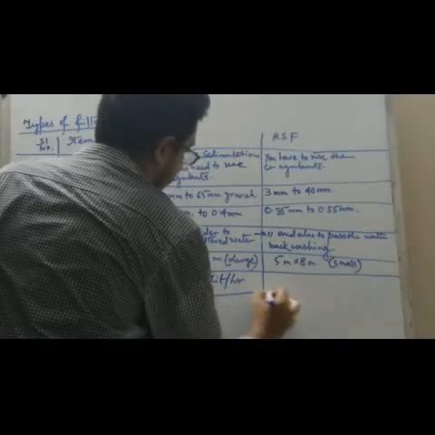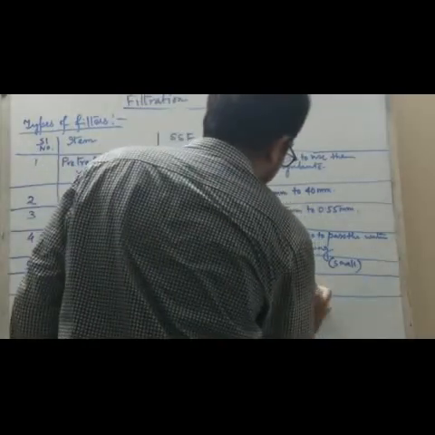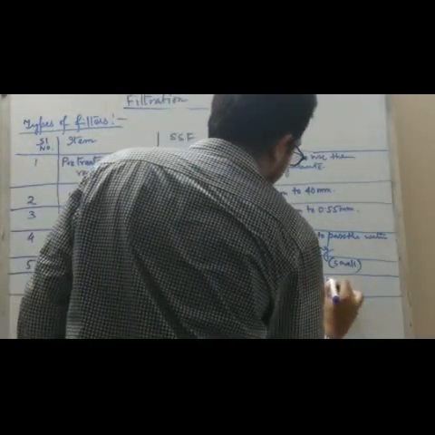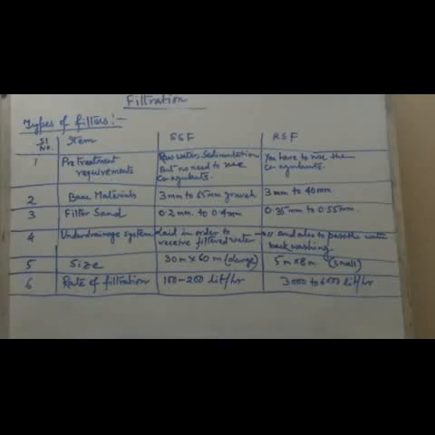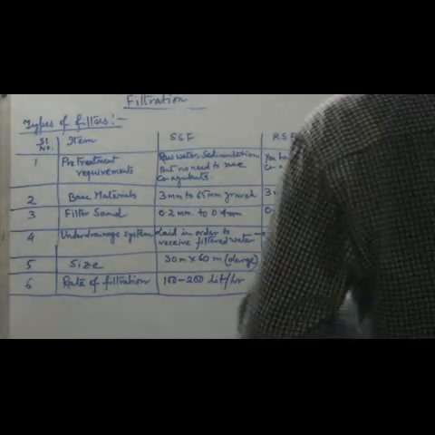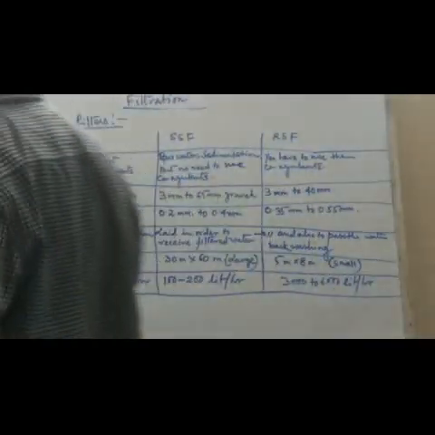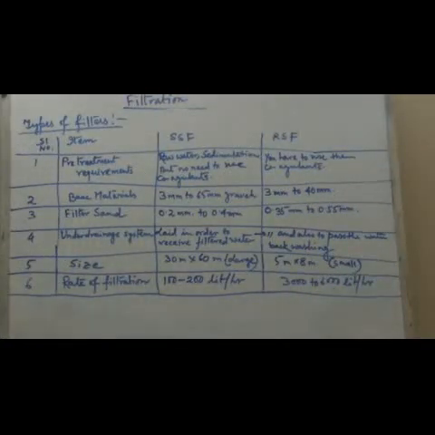Where for rapid sand filter, it is 3000 to 6000 liter per hour. So for rapid sand filter, the rate of filtration is very high.